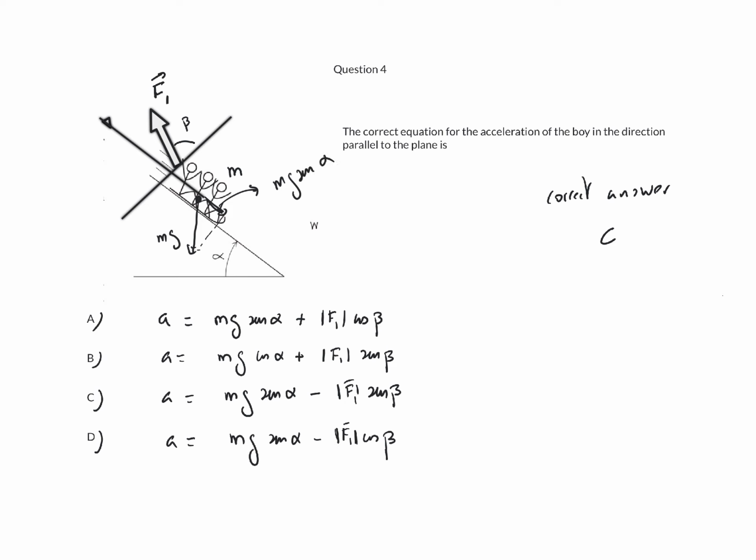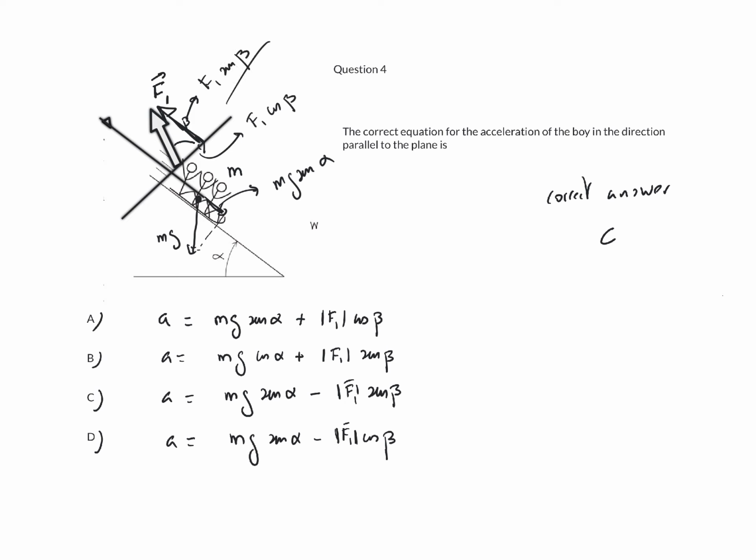And I have a force going up, that is F1, but it's not exactly F1. This force going up is F1 cosine of beta, and the one going parallel to the plane is F1 sine of beta.